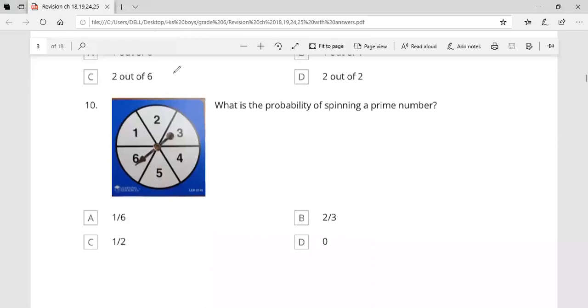probability of spinning a prime number. Concentrate. A prime number has 2 factors: 1 and the number itself.